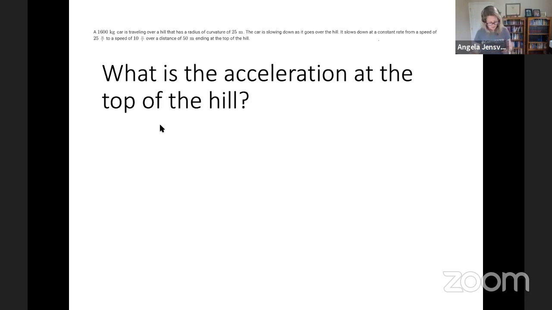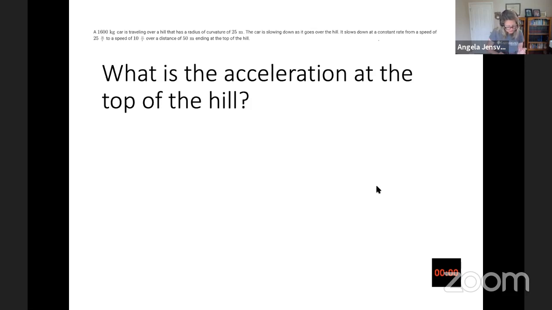Okay, find the acceleration at the top of the hill.